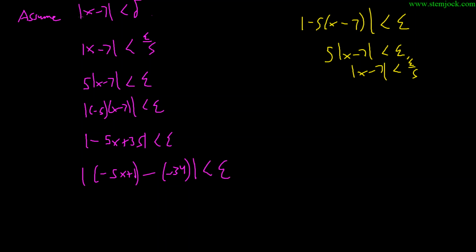I started out with the antecedent, I assumed that was true, and then I showed step by step how to get what's in the consequent. And so the proof is done. I can say that by the precise definition, the limit as x goes to 7 of negative 5x plus 1 equals negative 34.